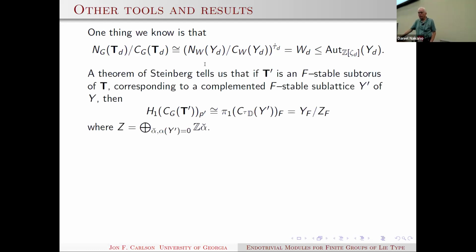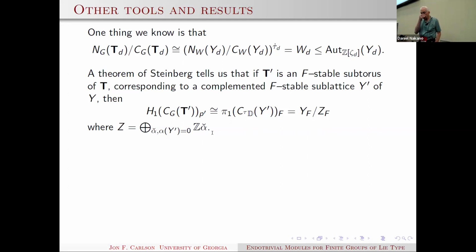We're also using the fact that the theorem of Steinberg tells us that if you've got a T-stable subtorus, then the contribution of this H1 of the centralizer, which as I say is actually pi1 of the centralizer of the Y prime, is going to be basically YD mod YF mod ZF.